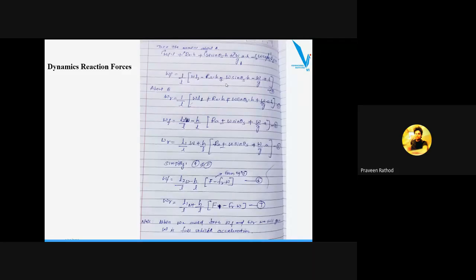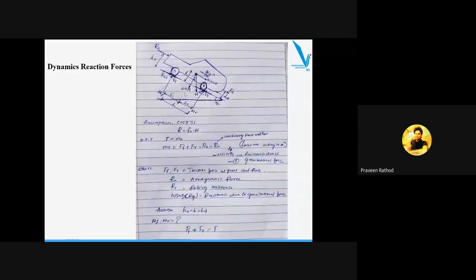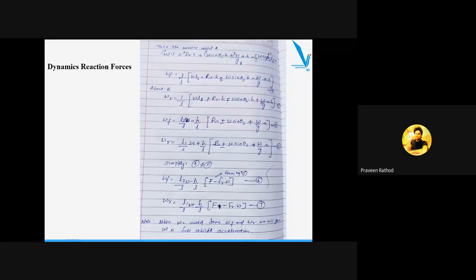One more force is acting in the downward direction, that is W cos theta into L2. This is acting in the anti-clockwise direction, that's why the sign here is negative. You can see this is anti-clockwise, and the others are clockwise.